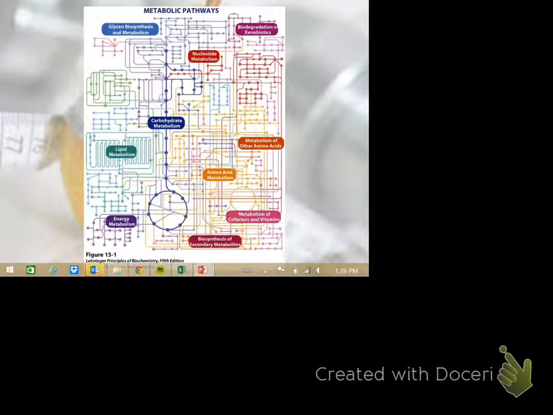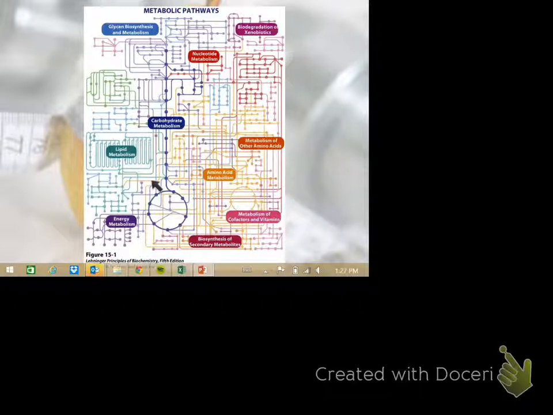So I really like this figure here. Unfortunately, it doesn't show up very well on the projector, but I really like it because it shows you how these all interplay. This is carbohydrate metabolism, so that would be the glycolysis and gluconeogenesis, how it leads down here. What would be this circle right here? That's the Krebs cycle, part of energy metabolism.